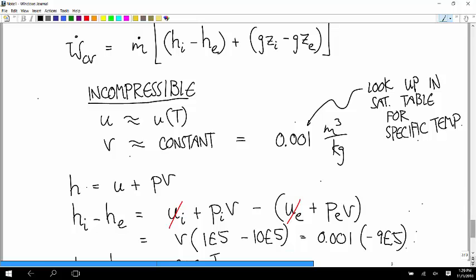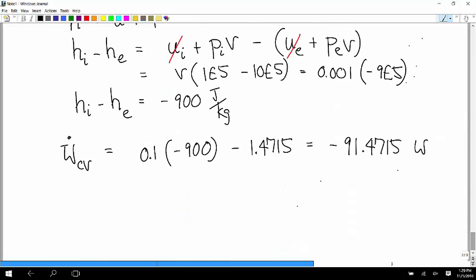Okay, negative 91. Yeah, you can do it that way, but that's only one of the enthalpies.